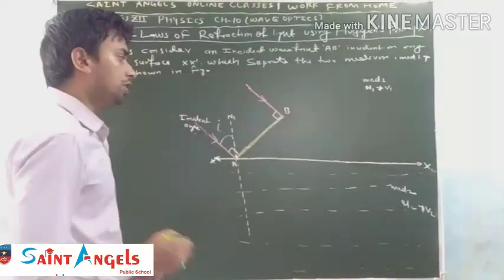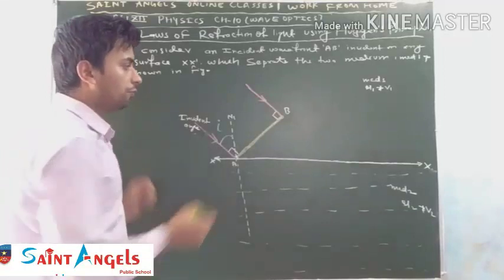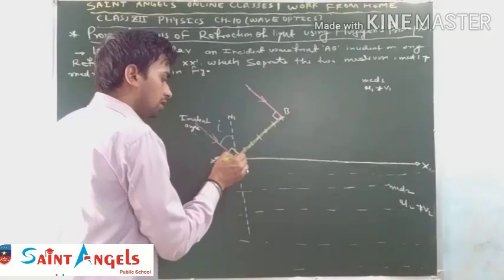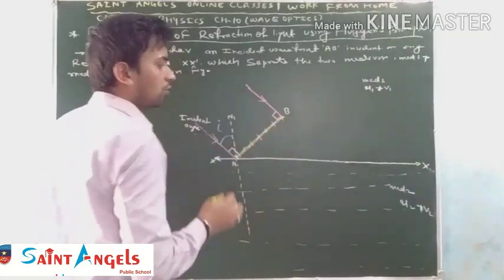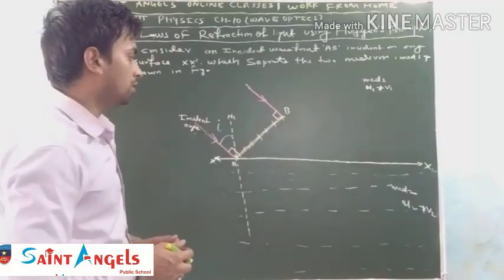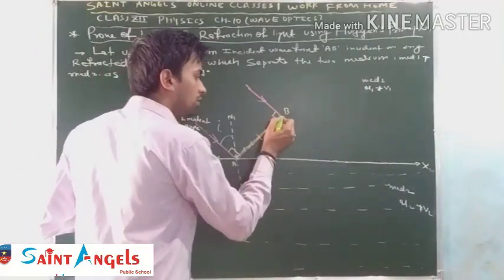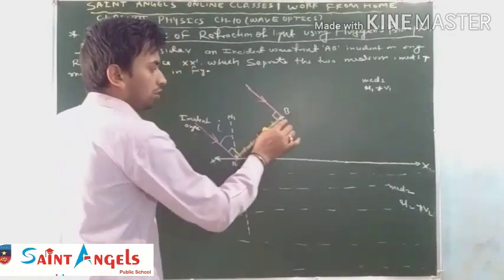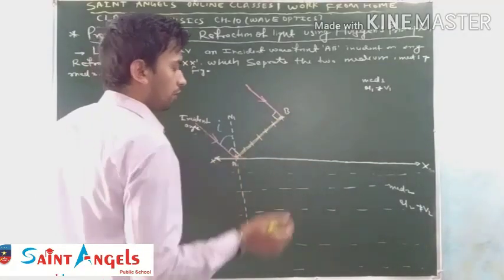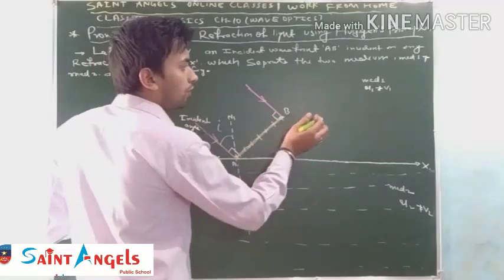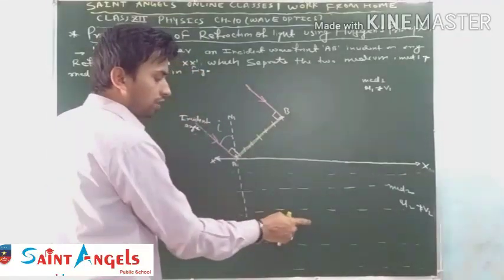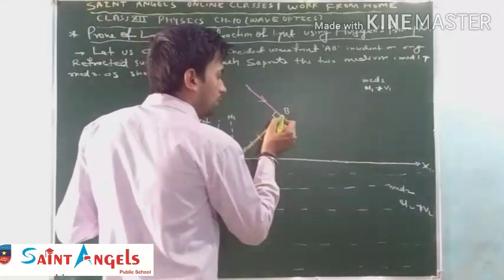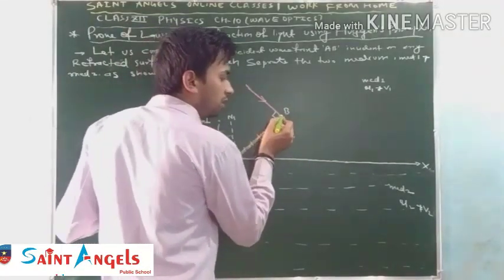Student, as we know, each particle on the wavefront acts as a fresh source of light and produces secondary wavelets according to Huygens principle of secondary wavelets. I consider two particles on the wavefront AB, one of them is A and the other is B. So these two particles also produce wavelets. Student, the speed of wavelets in this medium is v1 while the speed of wavelets in this medium is v2. Consider after time t, the particle at point B reached B dash.